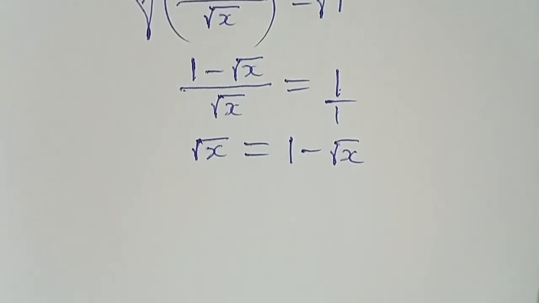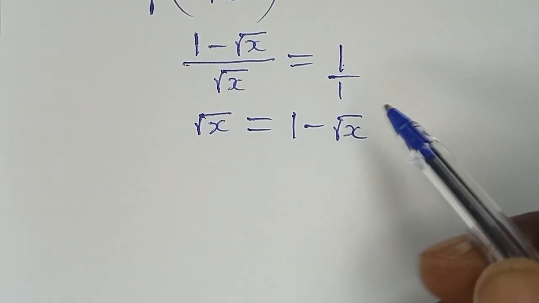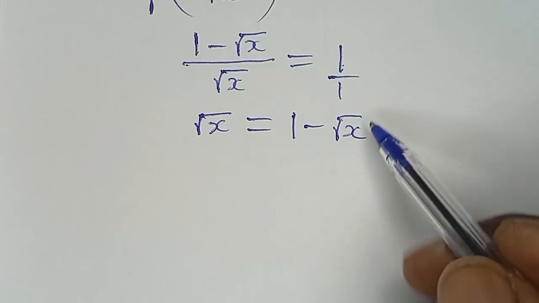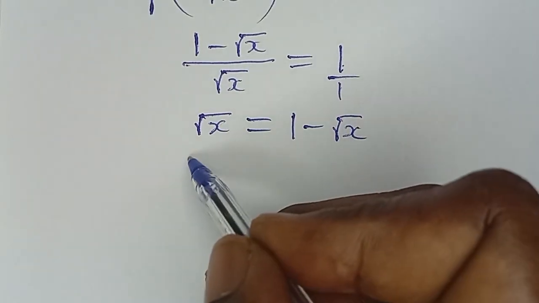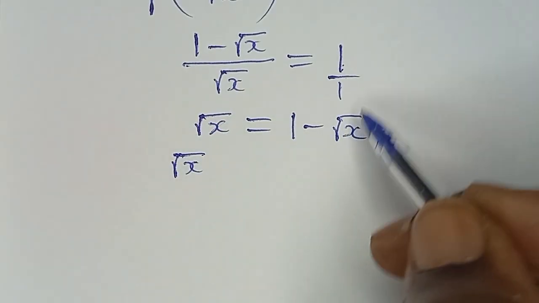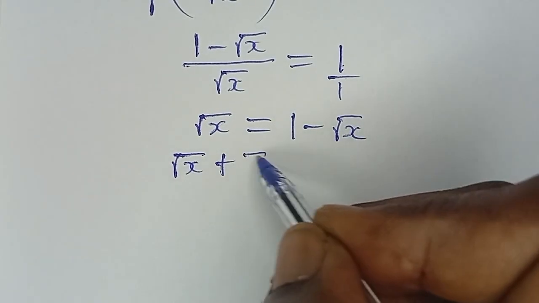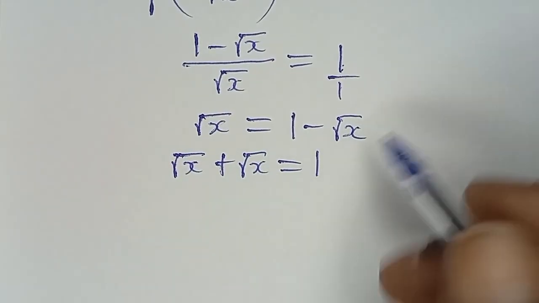Now, the next thing for me to do is to collect like terms. So this negative root x comes to this side, becomes positive root x, and is equal to the 1 that is left on the other side.